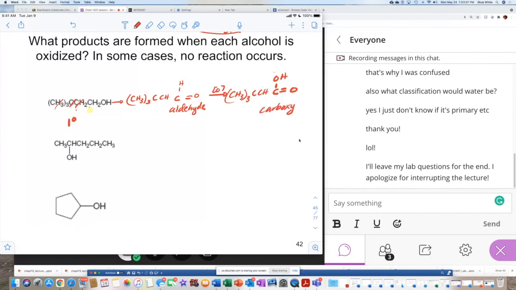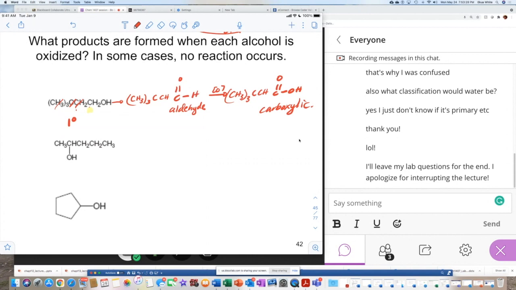Now, I know the way I wrote it doesn't look like a carboxylic acid. That's why I flipped them around, right? I flipped these around so it looks more like the carboxylic acid, especially if you're a visual person, that would be confusing to you. So I'm going to put this over once again so it looks more like an aldehyde. The carbonyl will be vertical, the H will be on the right.